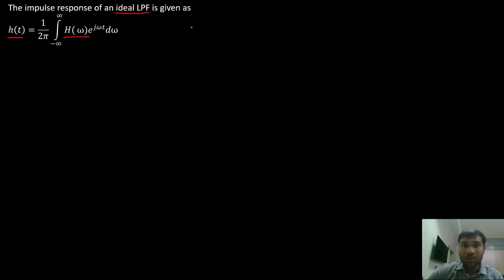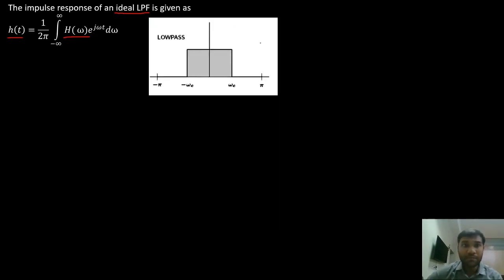Now, what does my H of omega look like? H of omega looks like this, right? This is my H of omega. Actually, this is my mod H of omega. And what is the theta of omega? Theta of omega is equal to minus omega d, right? This is what we have discussed in the last slide.